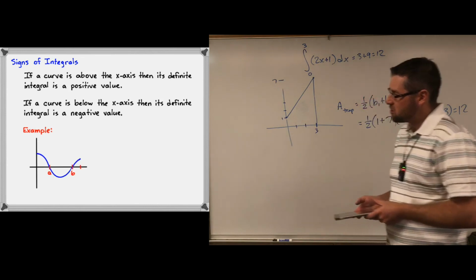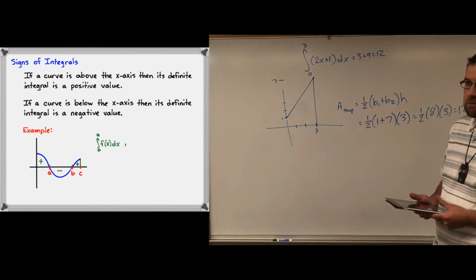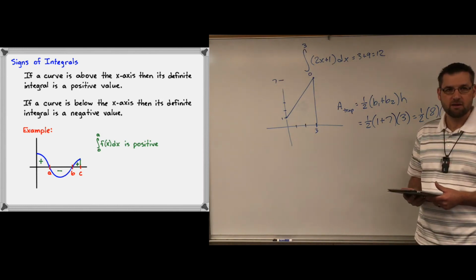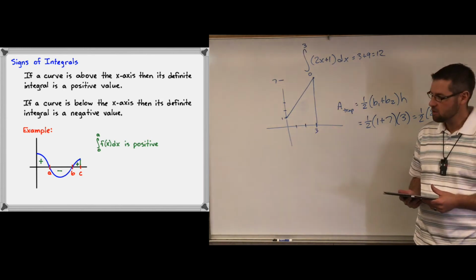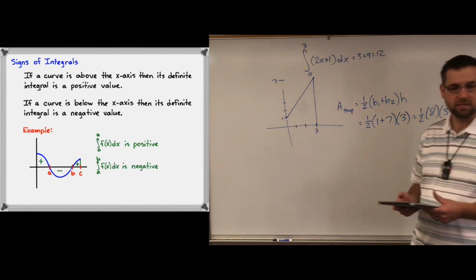So, here's an example of the graph. We can say that the integral from 0 to a is positive. What else can we say? That the integral from a to b is negative because that region is below the x-axis.